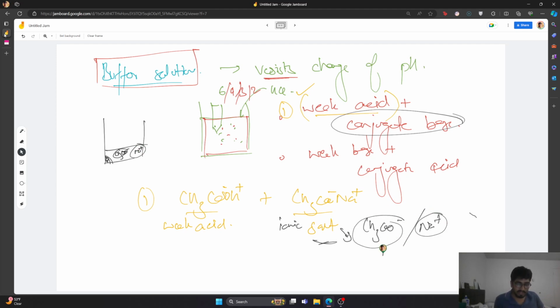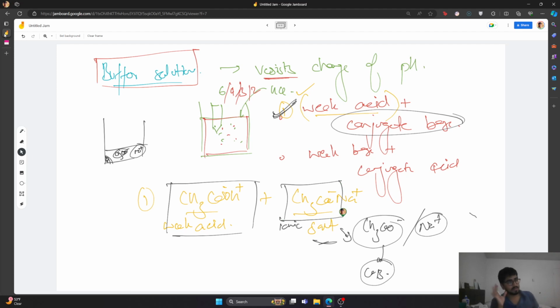If this is the corresponding acid, then this is the conjugate base of this acid. This satisfies the criteria of a weak acid and the conjugate base of that weak acid. So this is the acid, and this is the base of that acid.